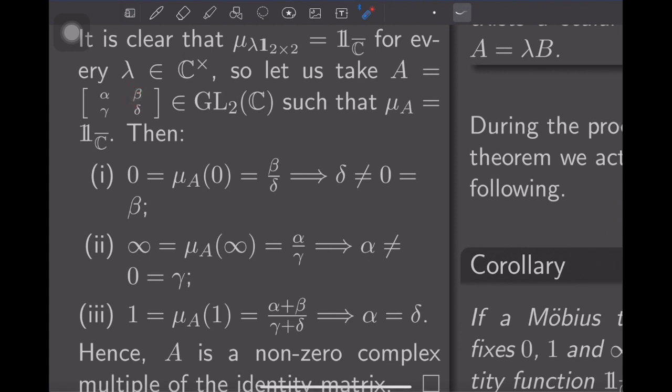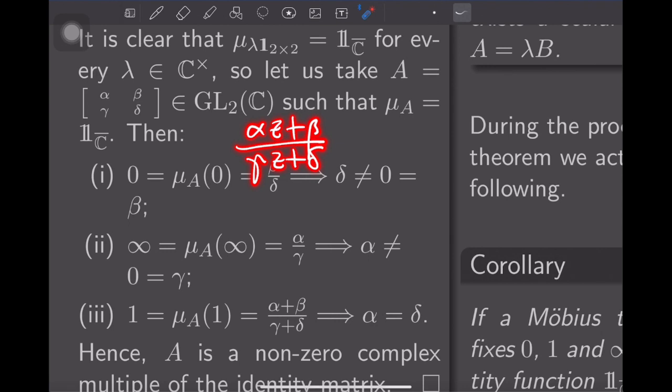Next, since mu of A is the identity, it sends infinity to itself, right? But mu A of infinity, as we said, was just the limit when Z tended to infinity. And that limit, the limit of what? Of alpha Z plus beta divided by gamma Z plus delta when Z tends to infinity.